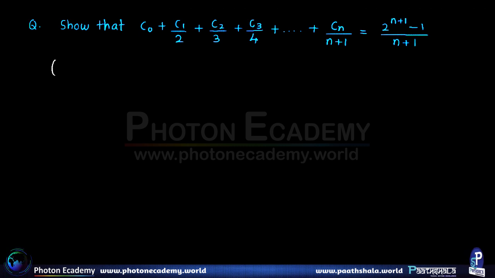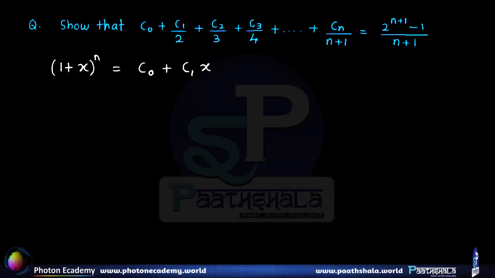So let's once again start off with the binomial expansion of 1 plus x raised to n, which we know is equal to C0 plus C1x plus C2x square and so on up to Cn x raised to n.